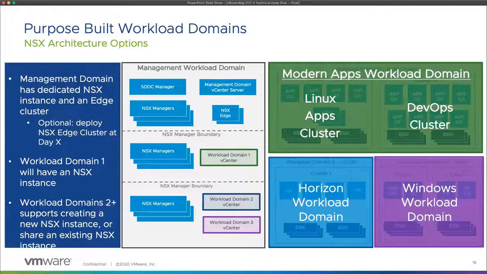And I actually hid the slides on consolidated architecture, but can definitely bring those back up. The management domain, everyone starts with a management domain. That management domain can be scaled out to multiple clusters, right? There's actually no need to deploy additional workload domains.